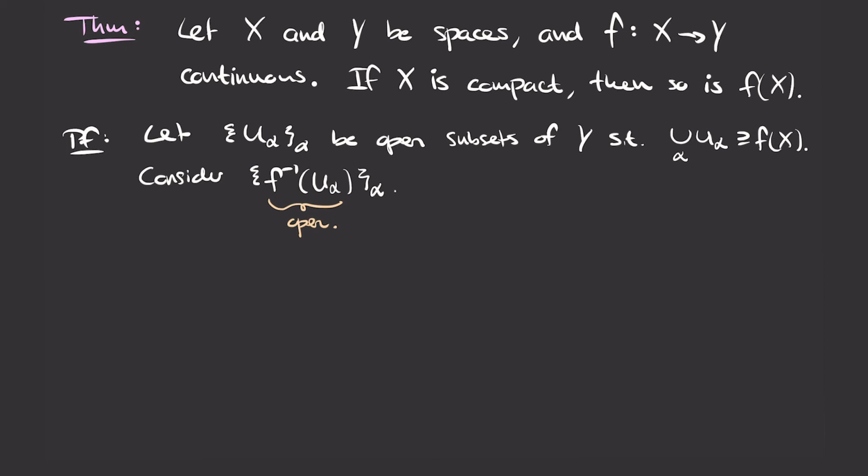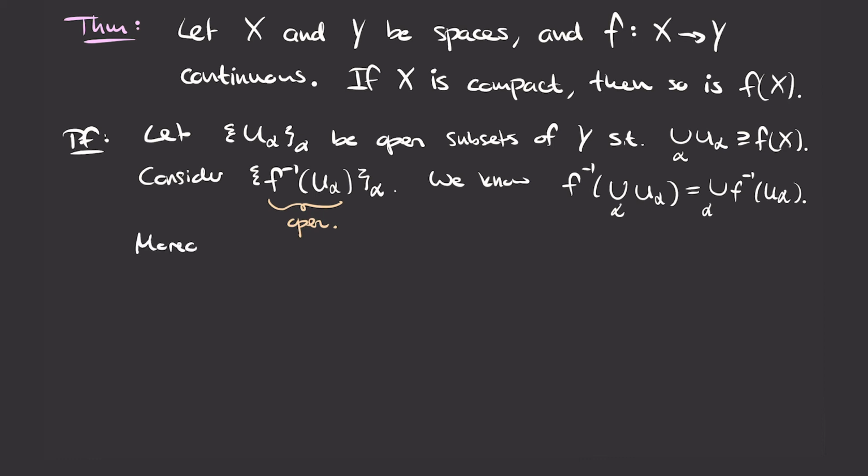One way to see that these pre-images of the U alpha cover X is as follows. We know that pre-images are compatible with unions. So the pre-image of the union of all these U alphas is the same as the union of the pre-images. This is something you can check for yourself if you haven't seen this already.